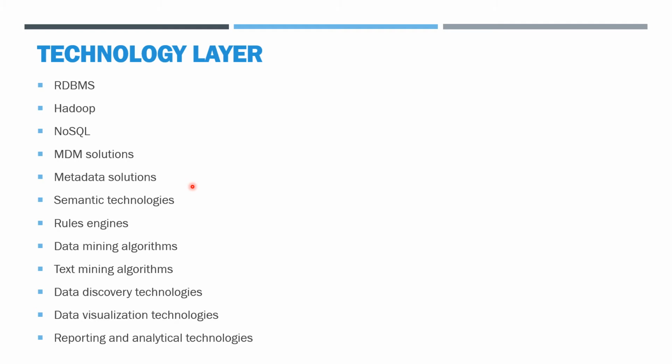So we need to choose a technology that suits our data warehouse architecture. So we know the data, we already know the data layer, and we know the technology that we're going to use to integrate. So next we need to know what kind of integration strategies we're going to use.